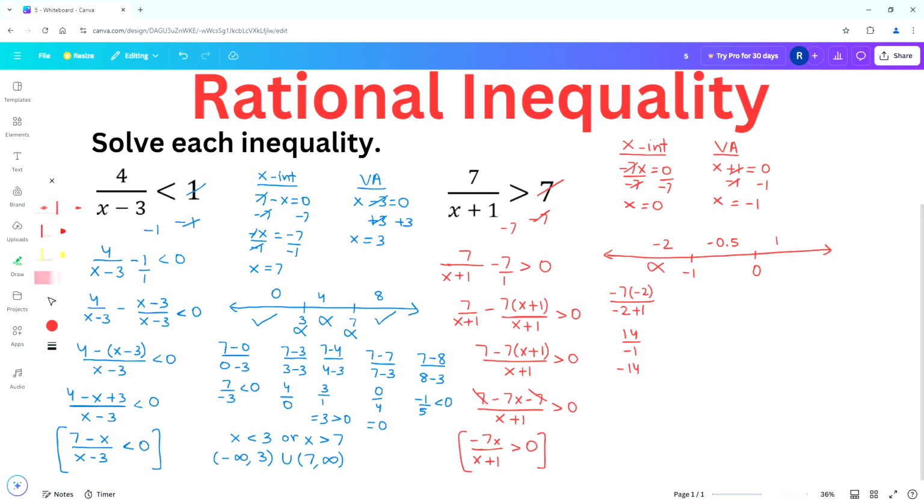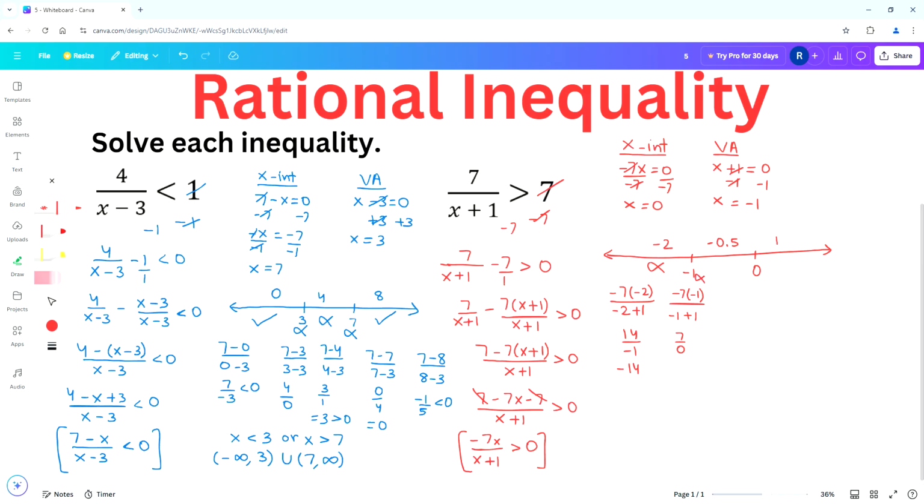Next, we can sub in x as -1. Seven over 0 is undefined. Therefore, x equals -1 does not work for us.